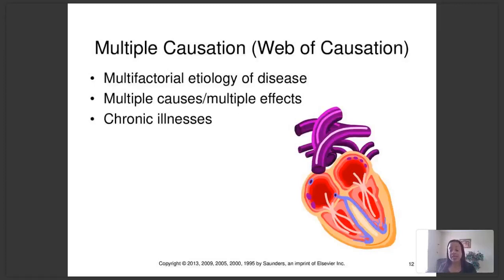And how that disease can have an impact on a person who may not have any other conditions, or a person who might have other, and we increasingly see this, chronic illnesses that this other new disease is competing with and contributing to. So the web of causation is basically strongly implying that there's multiple causes and there's multiple effects, okay, based on the conditions that are put into place.